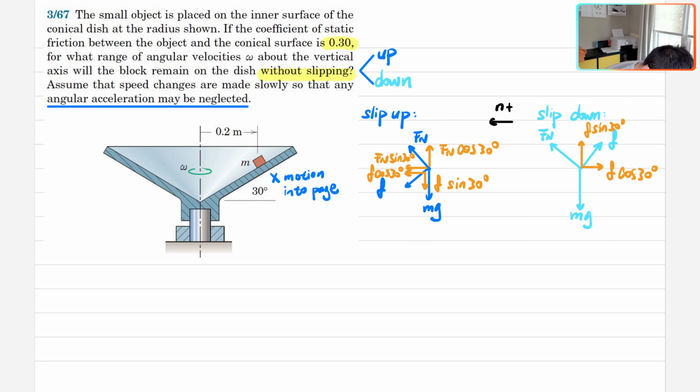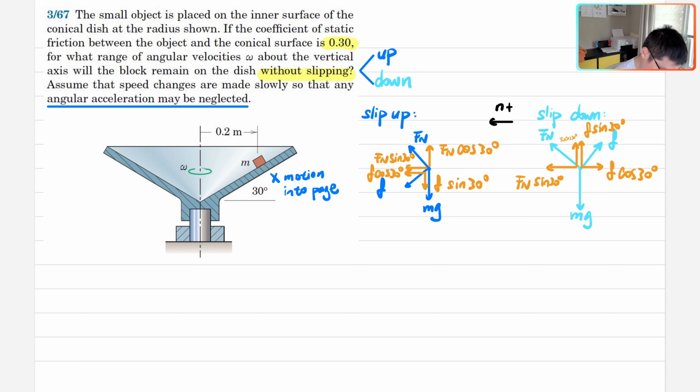And for your Fn, I want a straight line. Feel free to use a different color just to remind yourself there are two forces. This is Fn sine 30 degrees, and I'm really running out of space here, so I just use a smaller font. This is your Fn cos 30 degrees.